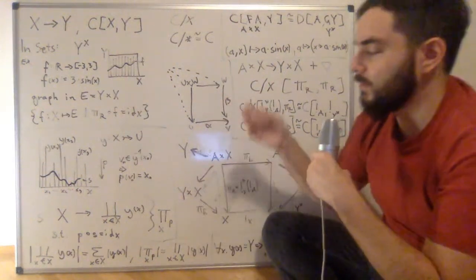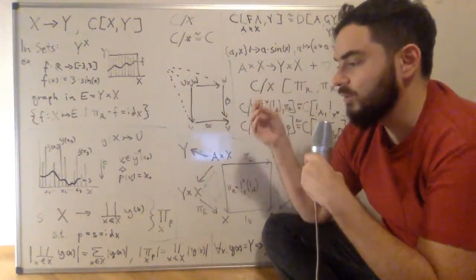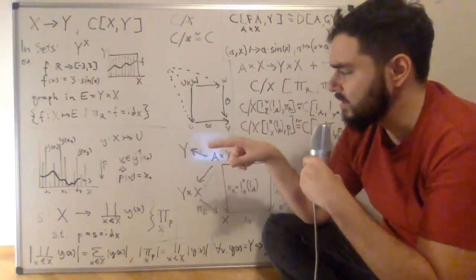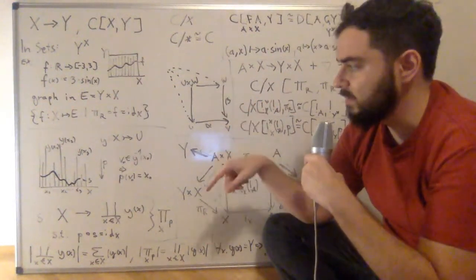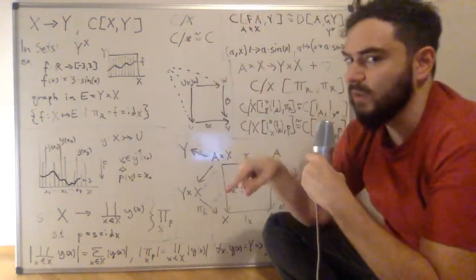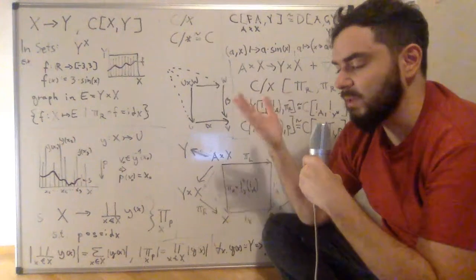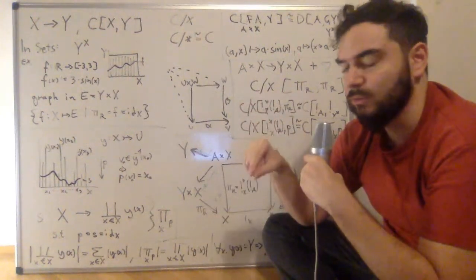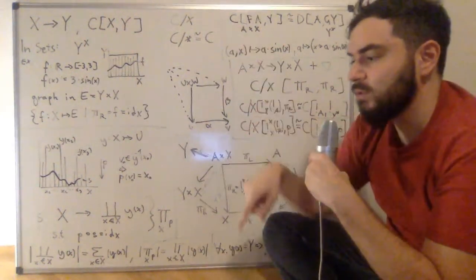Because you can think about it: if you want to count the functions that are possible in the space, you can say, well, for the value x0, so and so many values can be taken. And if you speak of one function and you take one value, then you go to the value x1, so and so many values can be taken.